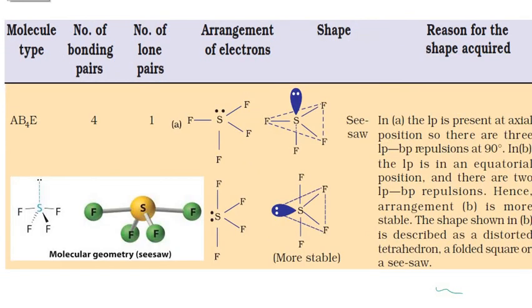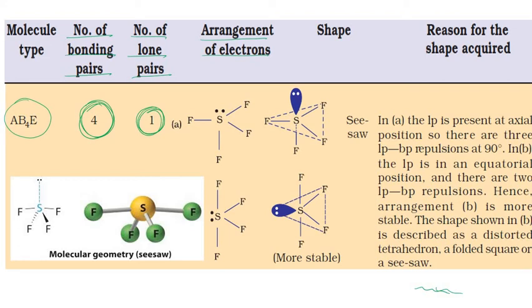Now let us have another example of the type AB4E, and here the number of bonding pairs are 4 and the number of lone pairs are 1, right? And if I speak of arrangement of electrons, I have to include these 4 bonding pairs as well as 1 lone pair, right?